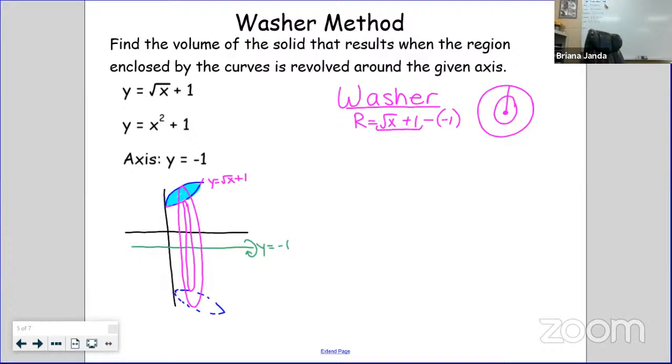There is your top minus bottom, right? We all okay with that? I know these get a little ugly here, so I'm going to clean that up, because 1 minus -1 would make it the square root of x plus 2.